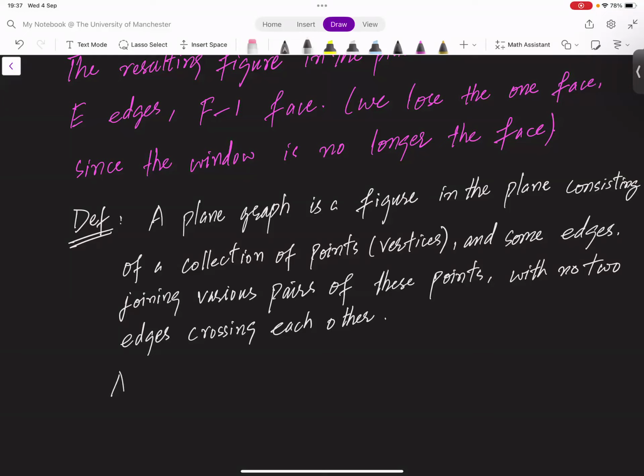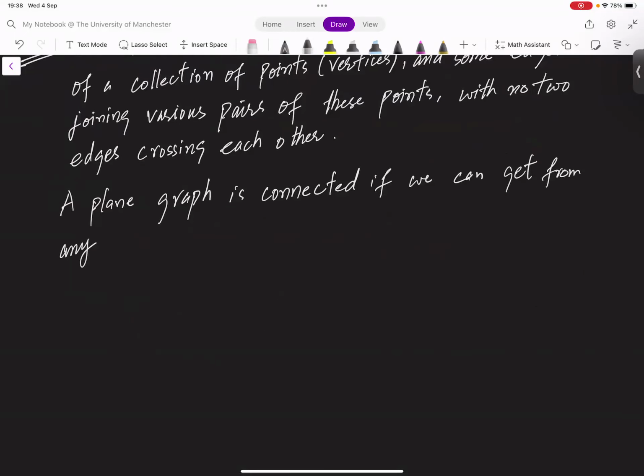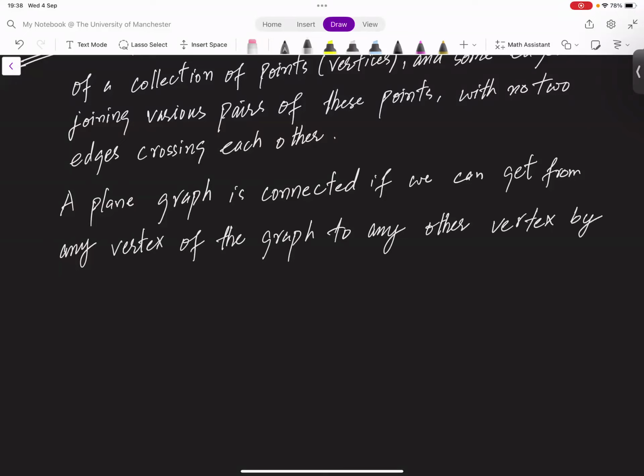A plane graph is connected if we can get from any vertex of the graph to any other vertex by going along a path of edges in the graph.